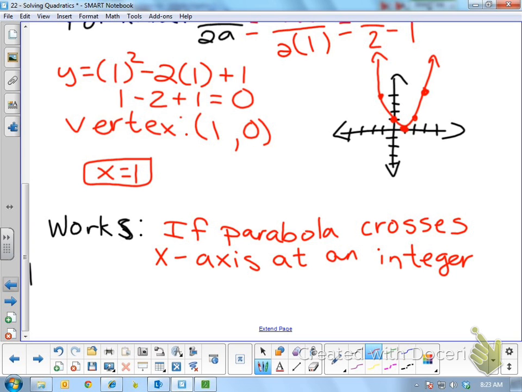If we're too far away, maybe we won't be able to tell where it crosses. So if we're too far away, it's going to fail. If we do our slope and we don't get one of our points actually on the x-axis, it's going to fail. We'll get a general idea of where it would be, but we won't know exactly where it will be.